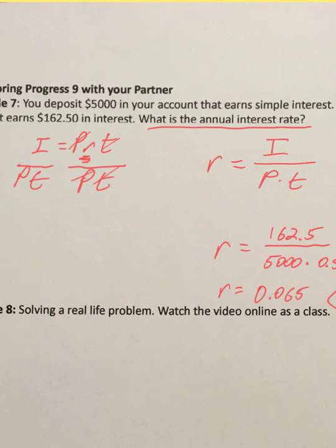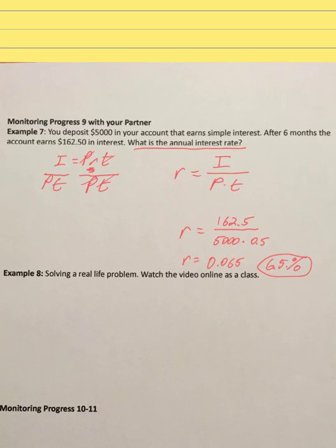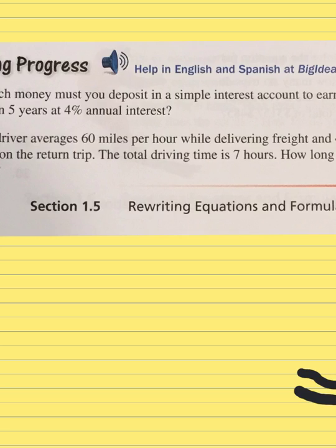All right. So anyway, I think that's all I have for you guys, except I have this monitoring progress problem on the next page, and that's going to be your ticket to start your homework once you've done these two.